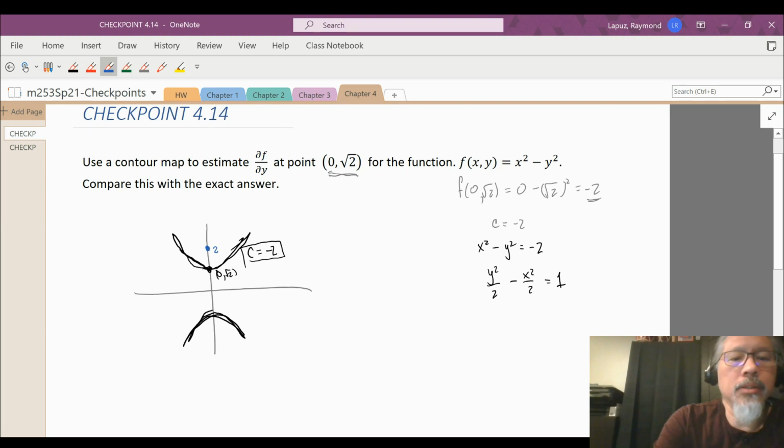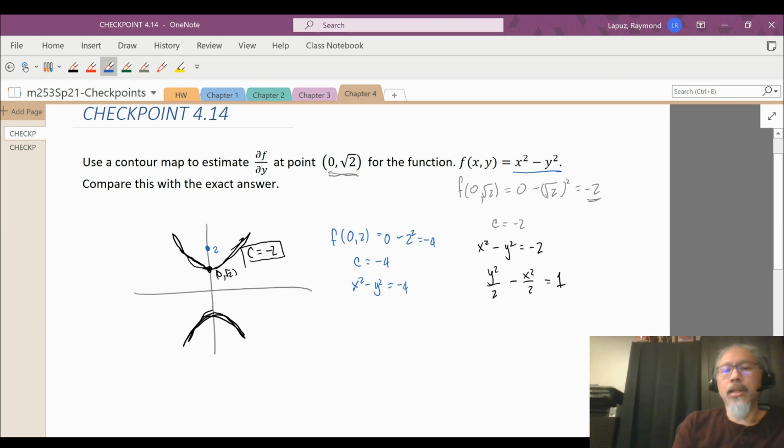So we put the point (0, 2) into the function: 0 minus 2 squared is equal to -4. So we're going to consider the level curve where c is equal to -4, which gives us x squared minus y squared is equal to -4.